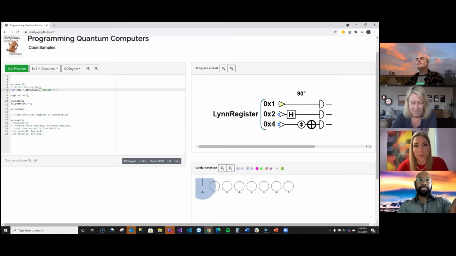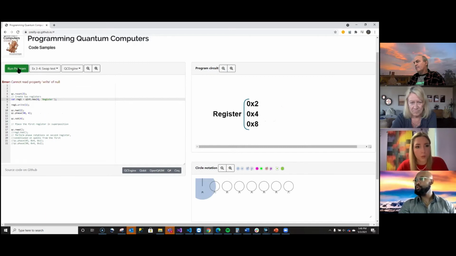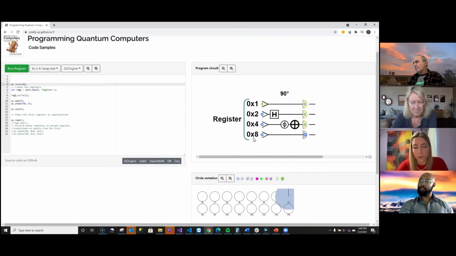And Jeremy, you did mention things get into hexadecimal, right? Because when we have 4 qubits, let's do this. When we have 4 qubits, it goes to 8, which is 2 to the power of 3.